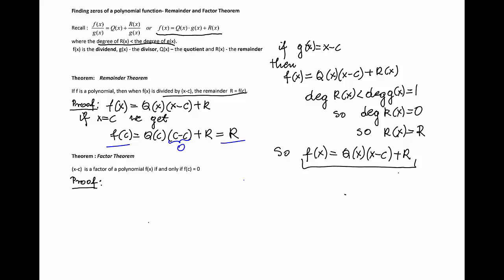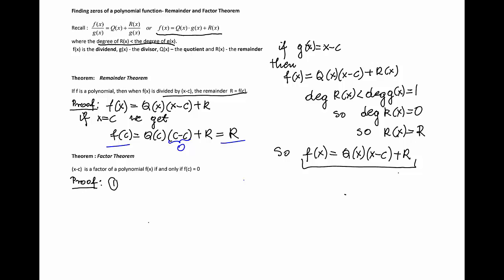The second theorem, the factor theorem, says that if x minus c is a factor of the polynomial f of x, then f of c is equal 0. And if f of c is equal 0, then x minus c is a factor of the polynomial f of x.